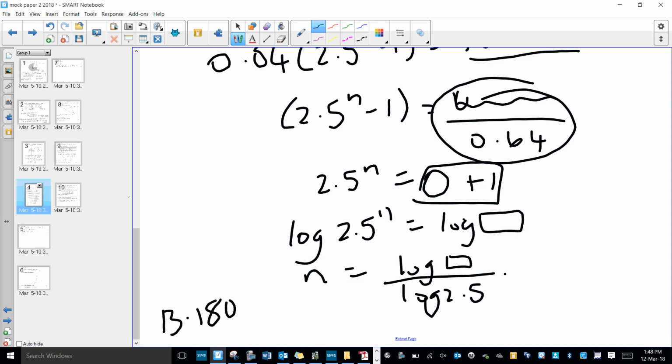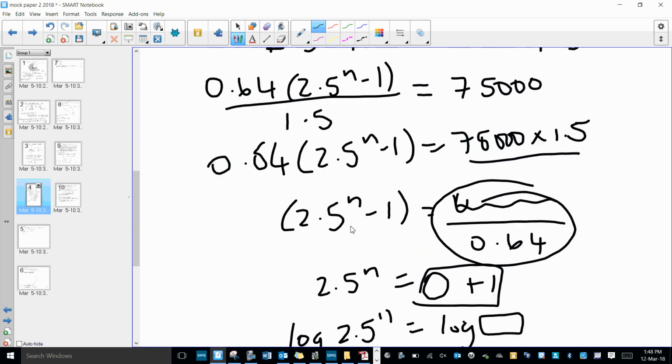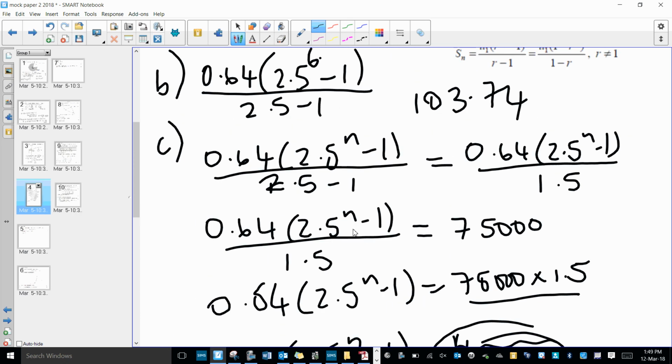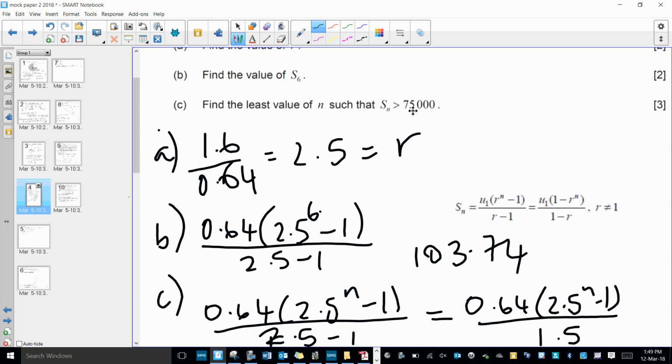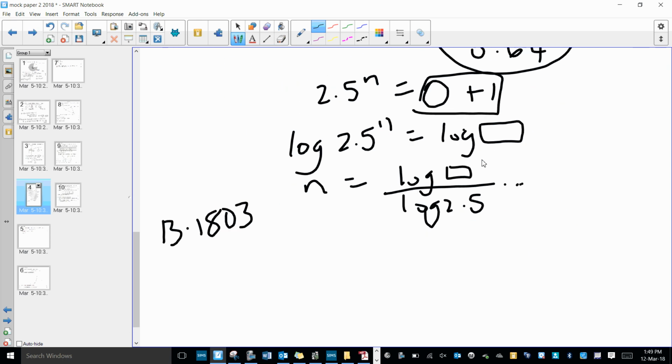You would have got the same answer if you'd used the other method, and there are other ways of doing it, but whatever happens, we need n as being 13.1. Now, our value has to be greater than 75,000, and n obviously has to be a whole number. So if it was 13, it wouldn't be enough. So our value of n has to be 14.